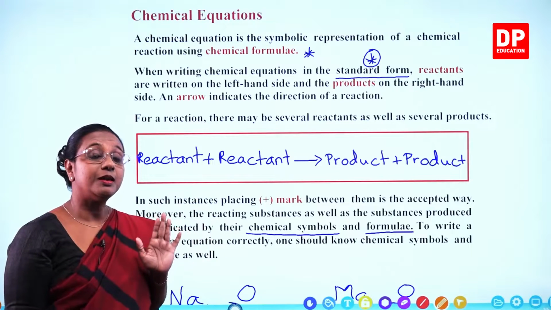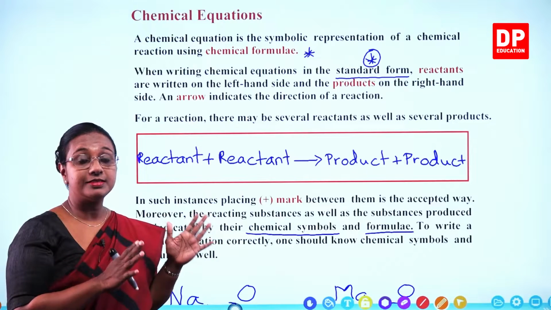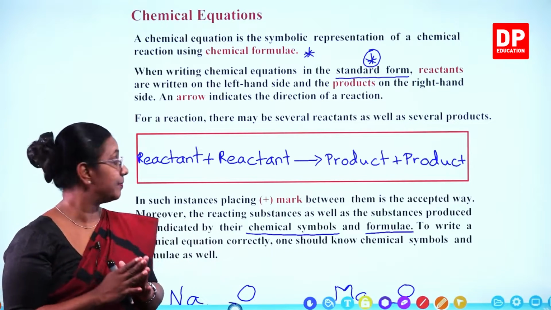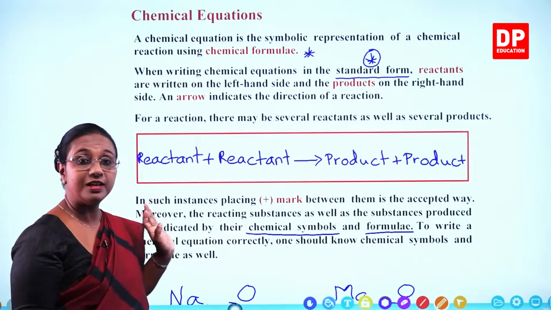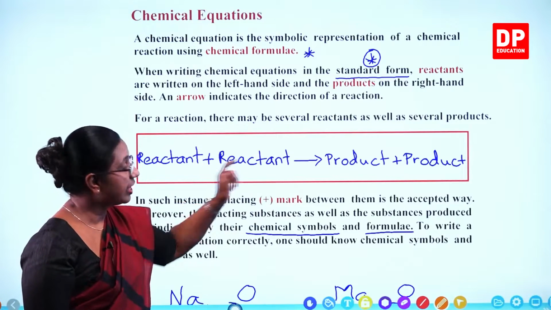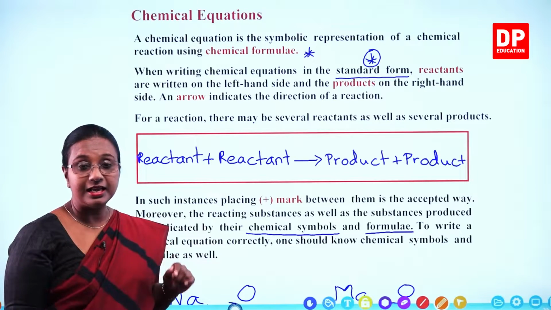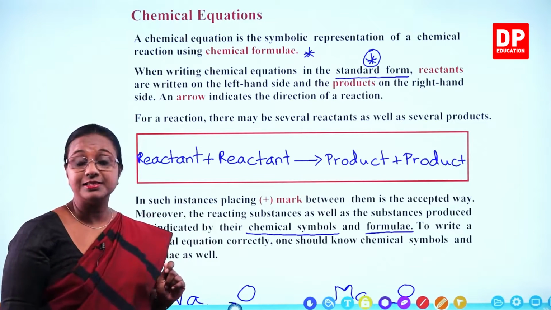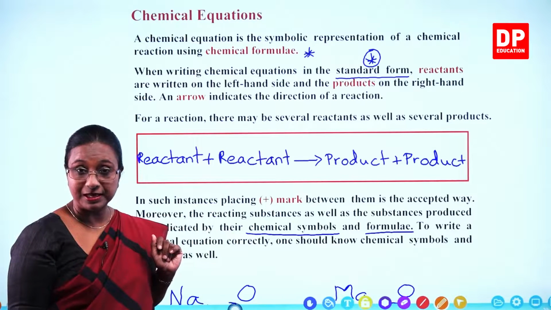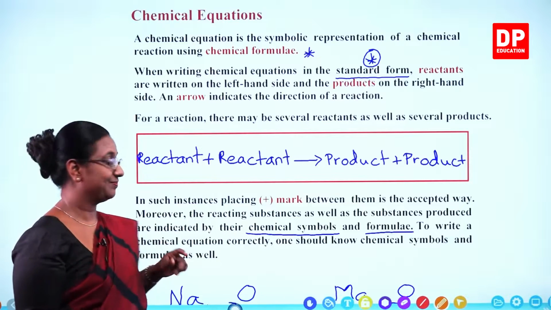When we write chemical equations for each reaction, you should use the symbol or the relevant formula for the reactants and the products. Write the reactants on the left hand side, separate them by a plus sign, then use an arrow to indicate the direction of the reaction, and the products again are separated by a plus sign. So keeping this in mind, we will write some chemical equations and also we will learn to balance them.